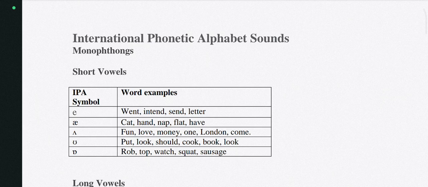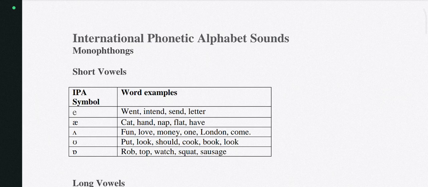So A, E, I, O, U are what? Vowel letters. We actually pronounce it differently, but we are very familiar with calling it this way, so I'll also use the same pronunciation. So A, E, I, O, U are vowel letters.